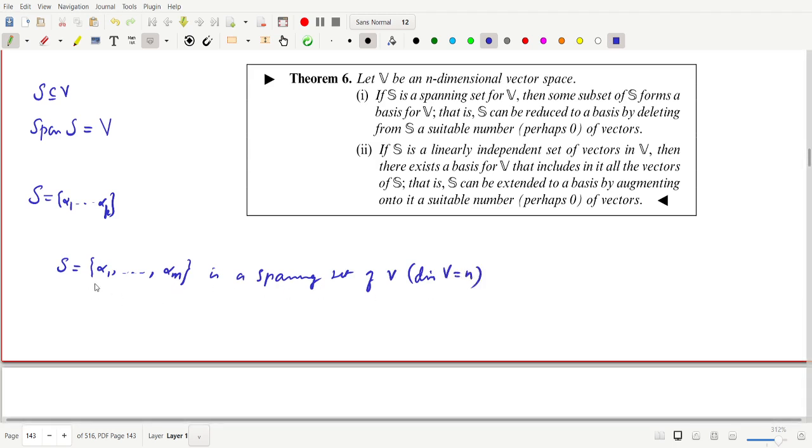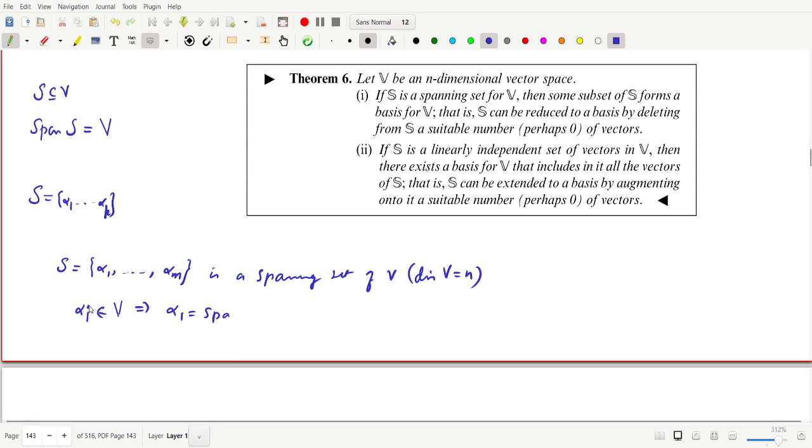Suppose you have this set. If this spans V, then any alpha i belongs to V, so we can say that alpha i is in the span of alpha 1 etc. alpha m.